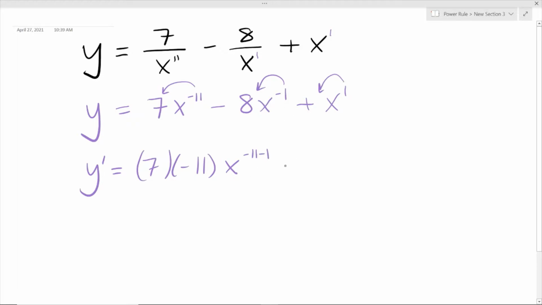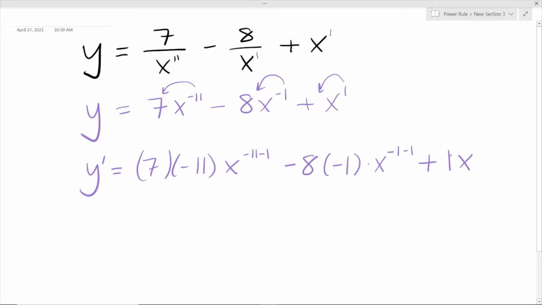And then same here, negative 8 times negative 1, take this negative 1 down, and then times x to the exponent of negative 1, but we must subtract 1 from that. And same for this term, so we take this 1 down, and then we have x.